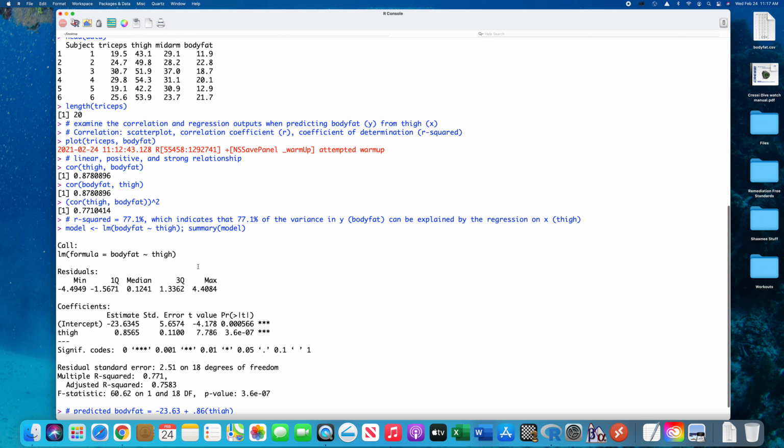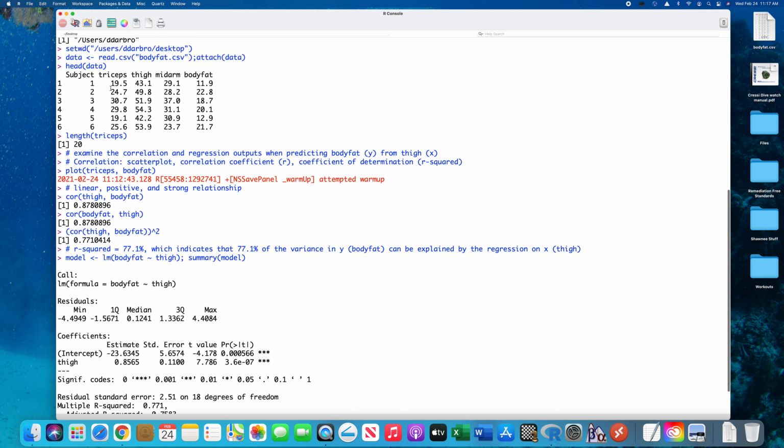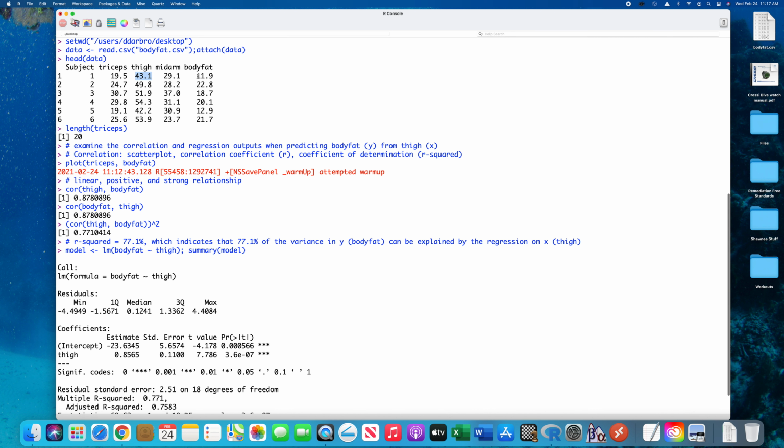So the first subject up here had a tricep of, no, I'm doing thigh, my bad. That would be really bad if we put the tricep measure in a model that was created from thigh. Anyway, the first subject had a thigh measure of 43.1. We can see that they observed a body fat of 11.9.